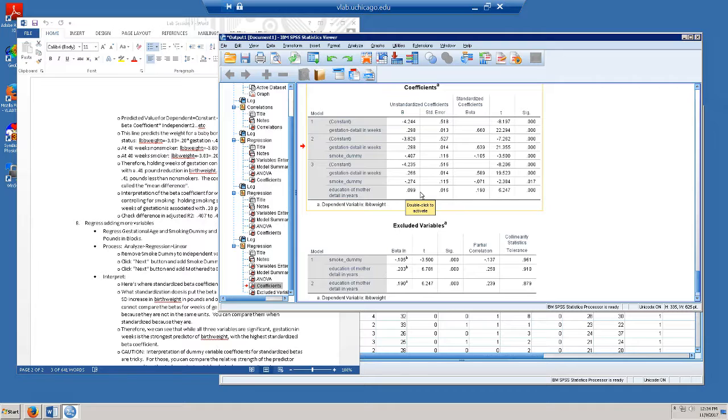You can draw some conclusions if some are more or less significant than others, but that does not indicate the effect size, like how much variance in our dependent variable is accounted for by our independent variable. And that's what the standardized beta coefficient does.